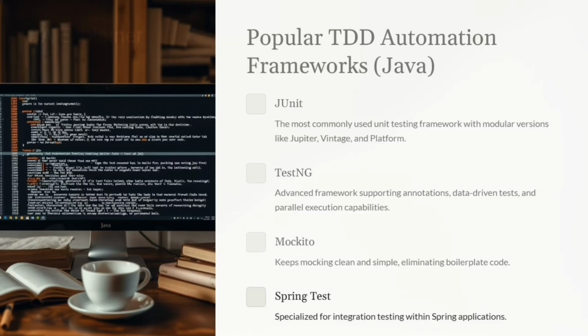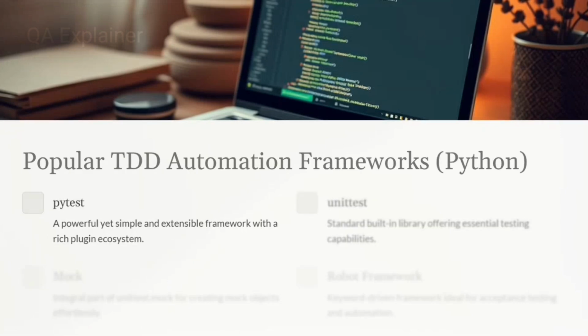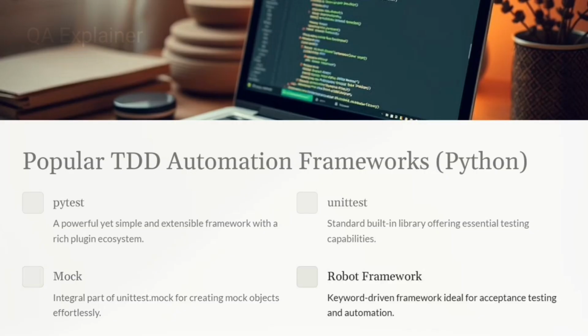So these are some of the most popular TDD automation frameworks, guys. For Python, we have PyTest, UnitTest, Mock, and Robot Framework. These four are basically the most popular frameworks for TDD automation in Python.